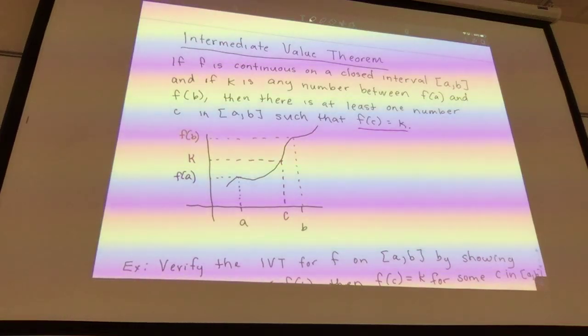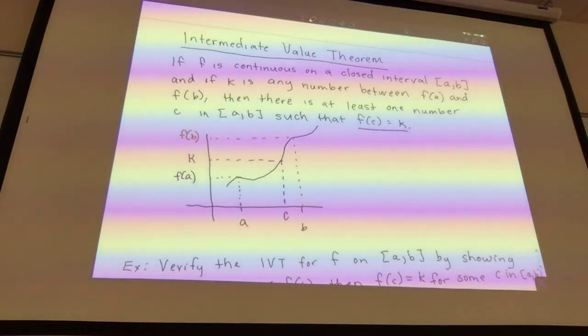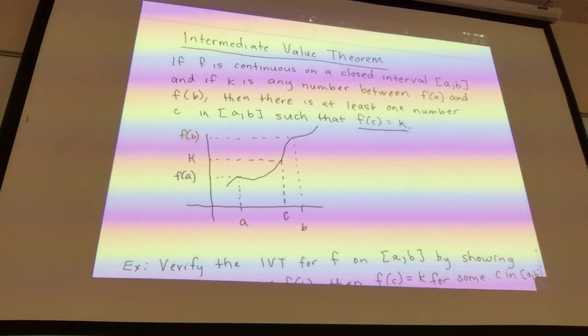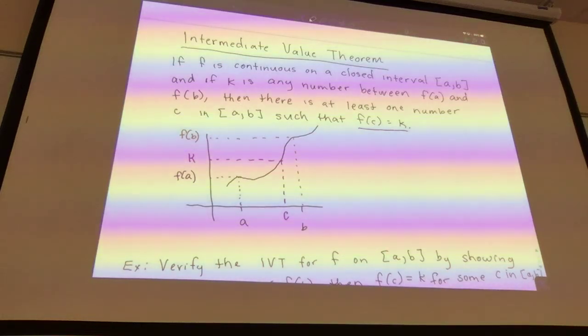So let's look at an example. It's like, well, what does that mean? How do we do that? Also, the easier idea about that is, I think in pre-cal you did more along the lines of this.